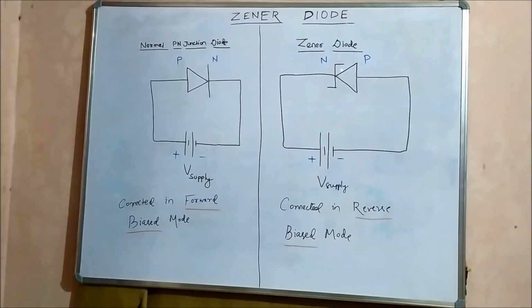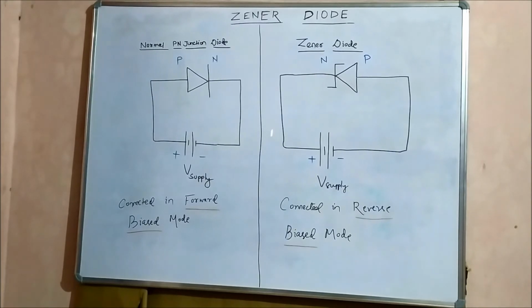Now, the second critical difference: the n-type end is connected to positive. The n-type end of the Zener diode is connected to the positive terminal of the supply voltage, while the p-type end is connected to negative, completely the opposite of a normal p-n junction diode.